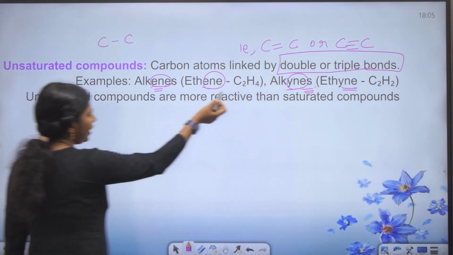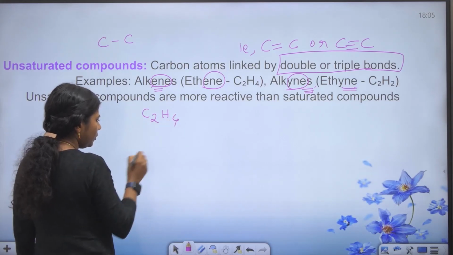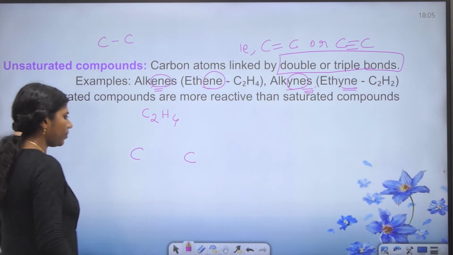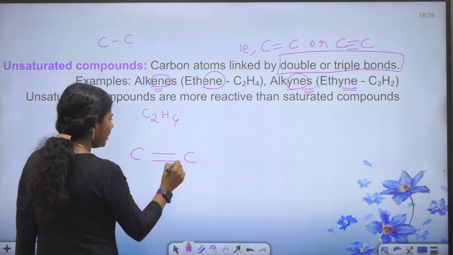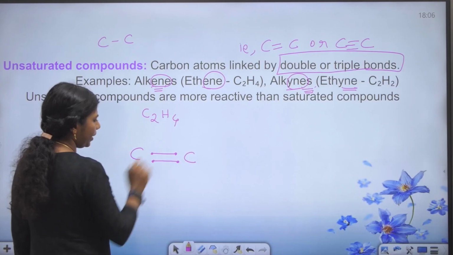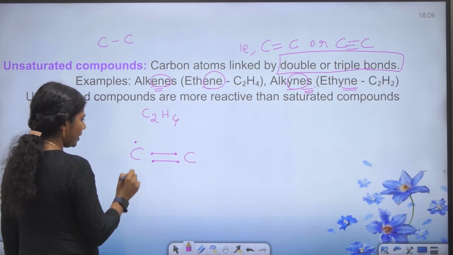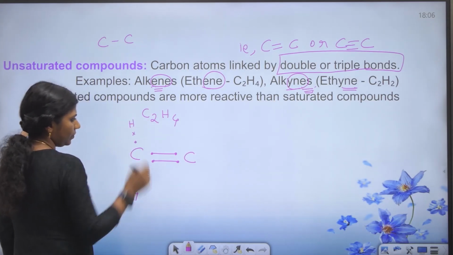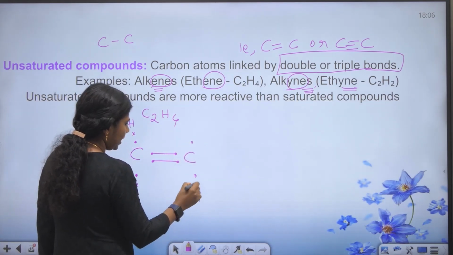Then the structure of ethene. The molecular formula of ethene is C2H4. 2 carbon atoms and 4 hydrogen atoms are present. Here, a carbon-carbon double bond is present. Both carbon atoms share 2 pairs of electrons, and the remaining two valencies of each carbon are satisfied by hydrogen atoms.